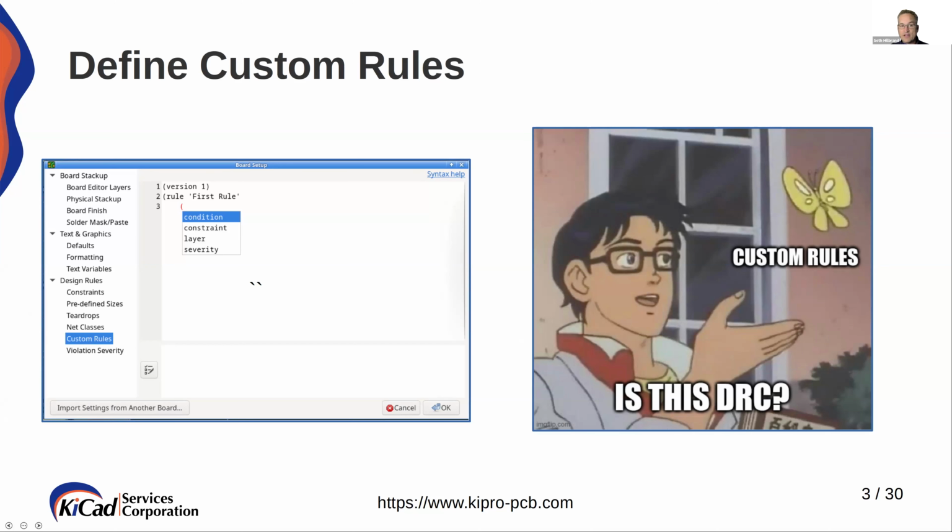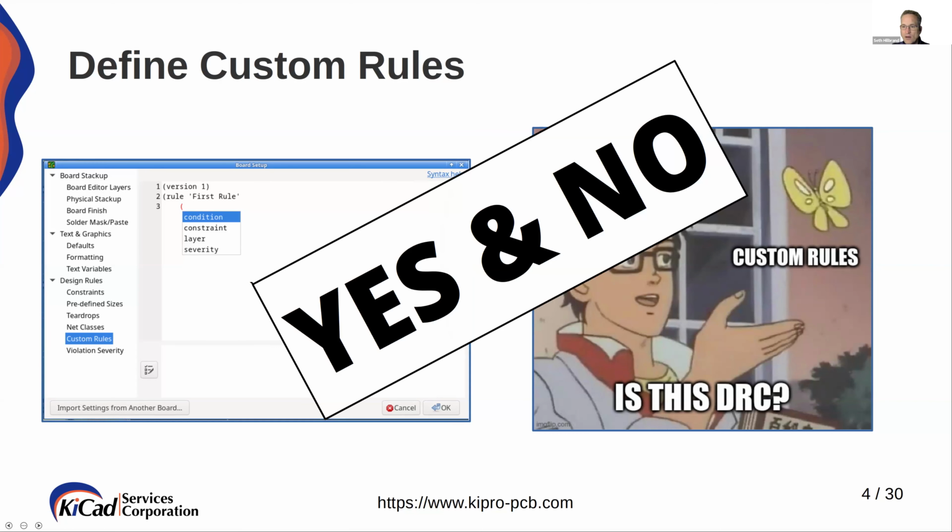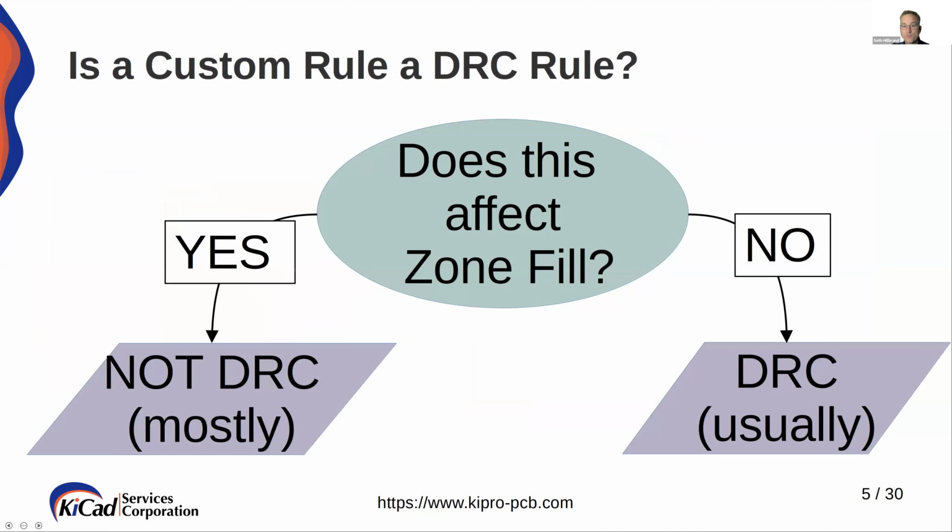On the left here, you see the beginnings of what a rule could look like. So a rule might have a condition or a constraint, specify a layer or severity. This is maybe DRC, but maybe not, because as I said, we can sometimes modify the actual behavior of what we see in KiCad as we go along with these custom rules.